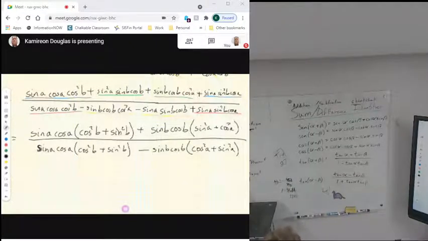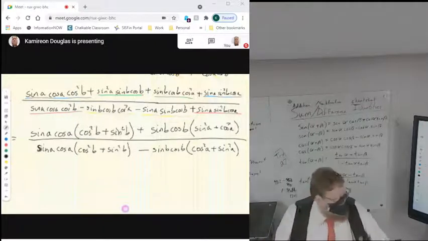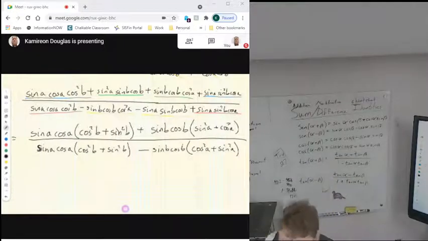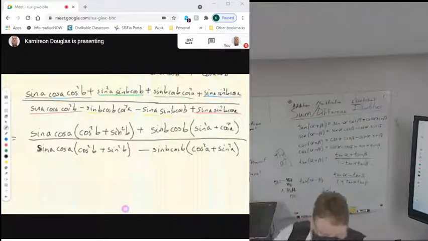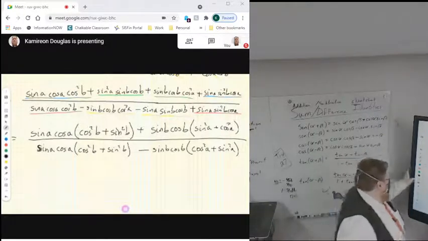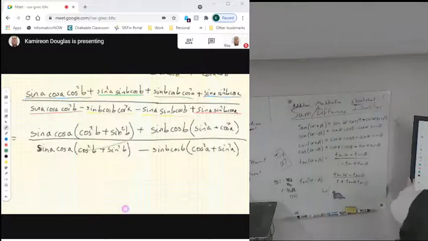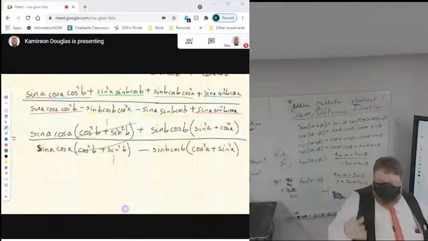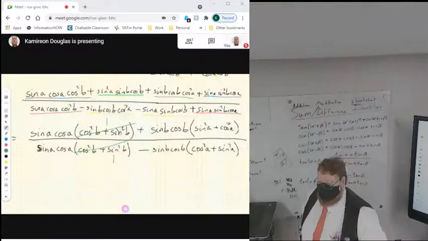All right, last step. On that cheat sheet in front of you, sine squared A plus cosine squared A is equal to what? 1. So this entire thing is 1. All four of those parentheses are just 1, and I'm left with the solution.